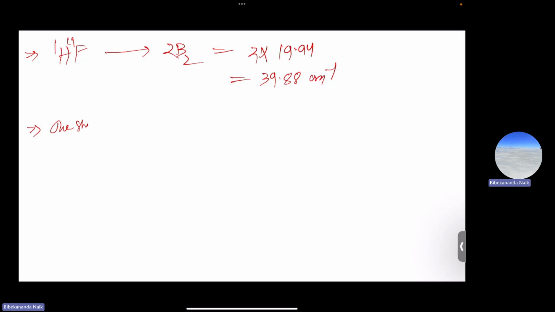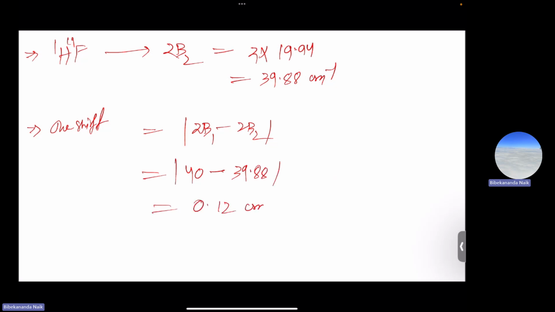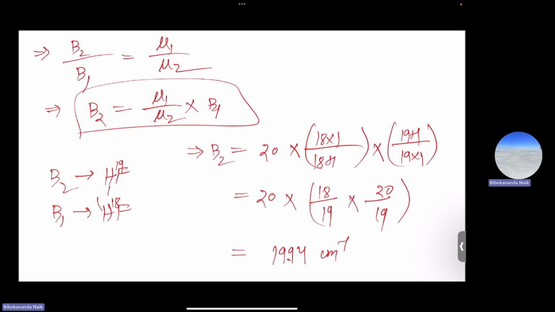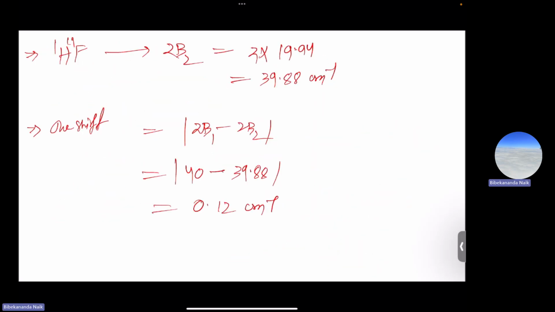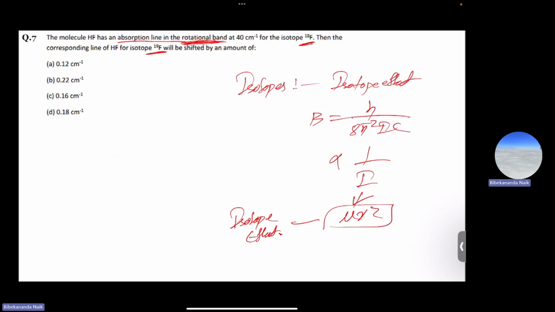Now the shift will be 2B1 minus 2B2, which is 40 minus 39.88, which is 0.12 centimeter inverse. So the correct option will be option A, 0.12 centimeter inverse.